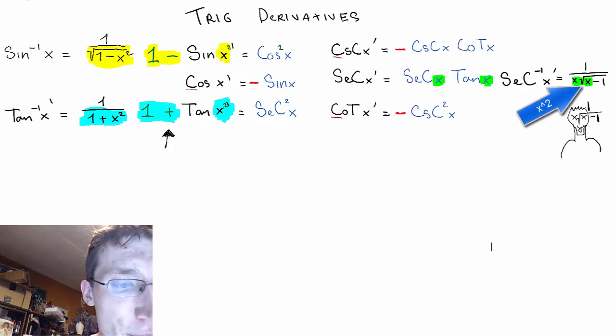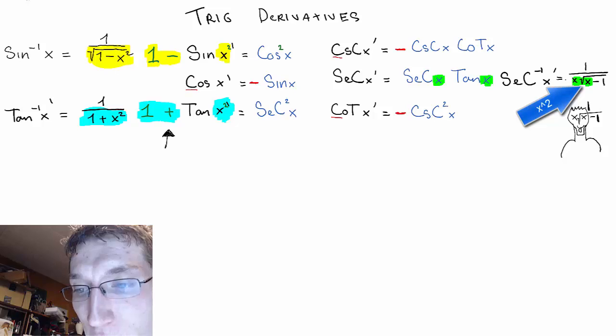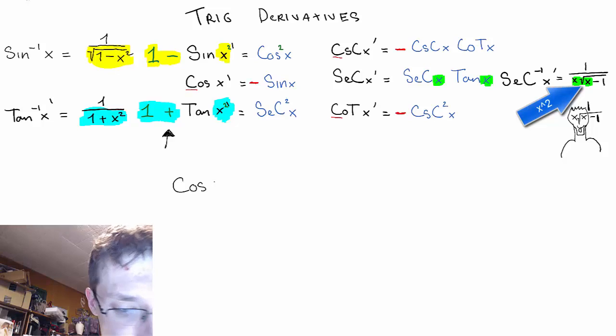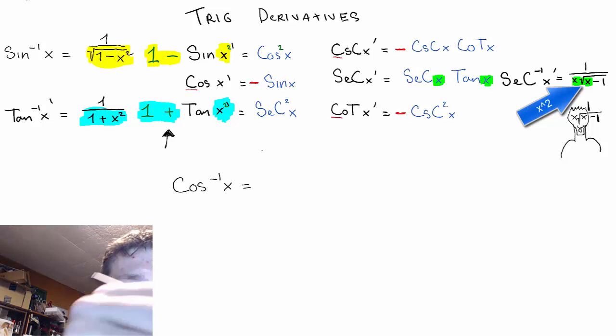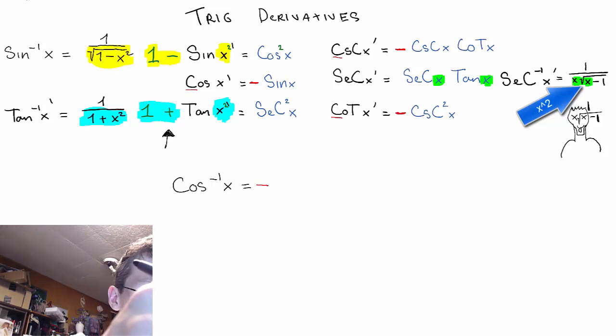Also, the cofunction versions of these inverse trig derivatives can be gotten as well. So sine would have cosine, and cosine inverse of x is going to be simply negative sine of x, essentially.